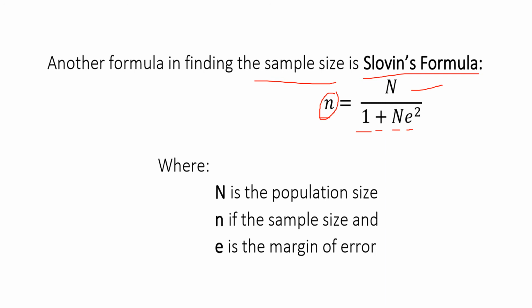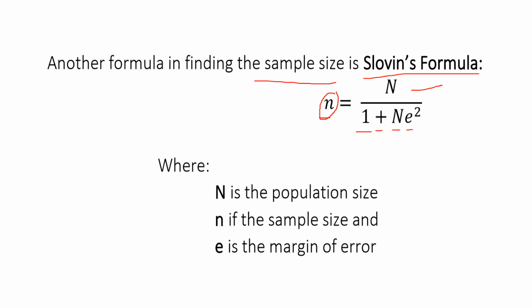The formula, sometimes written as Slovin's formula, was formulated by Slovin in 1960. The error tolerance e, or the margin of error in your formula, can be given to you. If you are a researcher, you might want to figure out your own error tolerance.